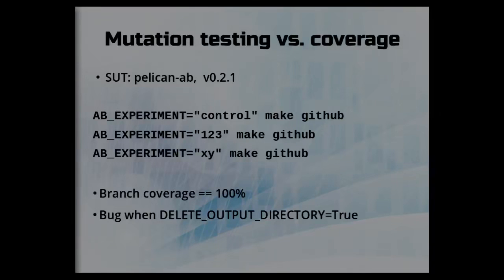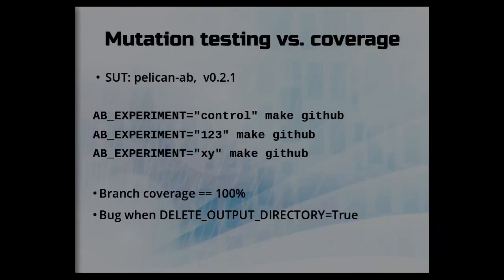If you do these 3 commands, then you get the control version of your website, and an experiment which is called 123, and everything about this experiment goes into a directory with the same name. The URL structure is updated, and you can point your users only to that experiment and see how they respond and stuff like that.